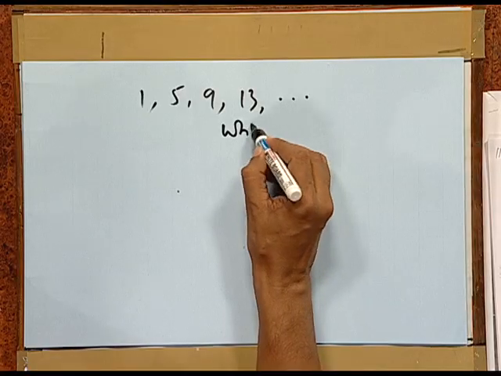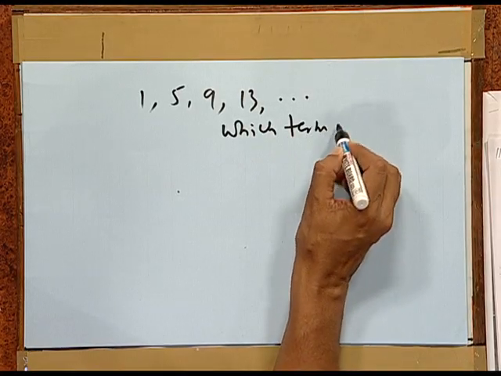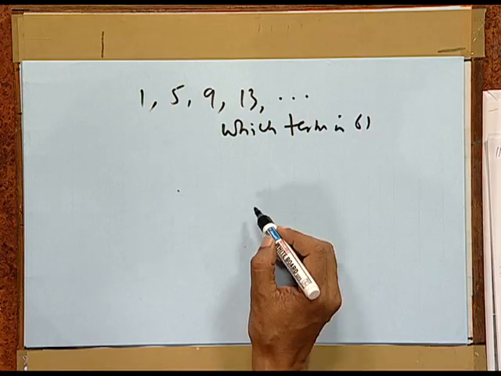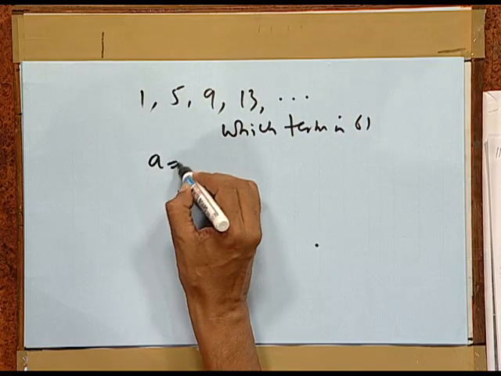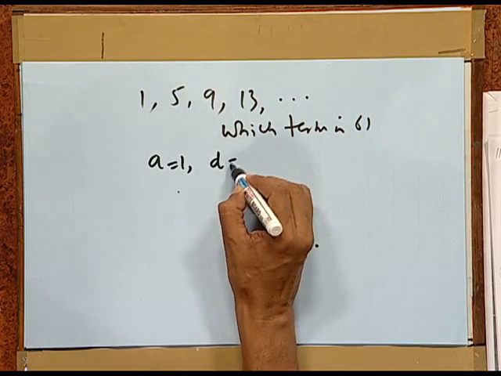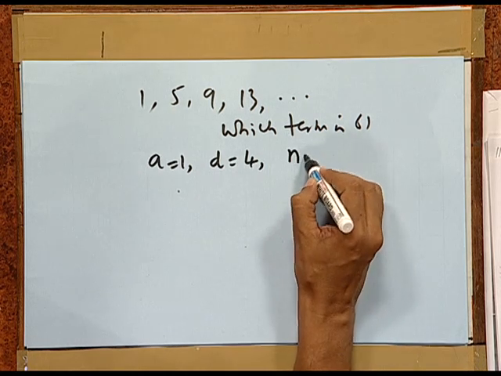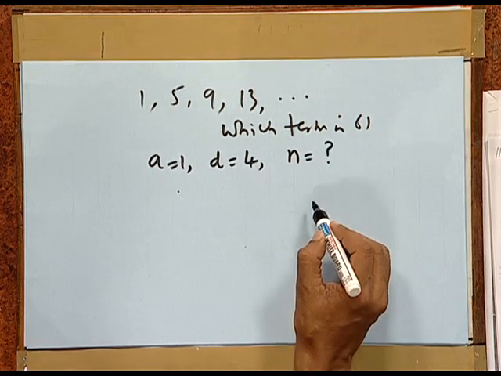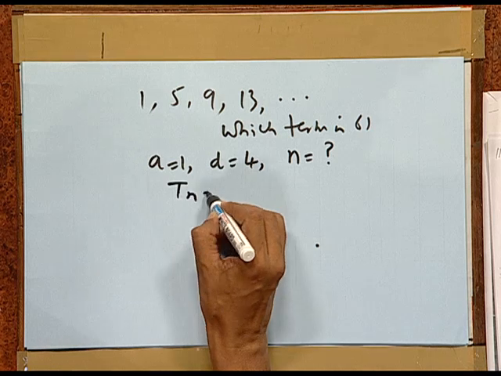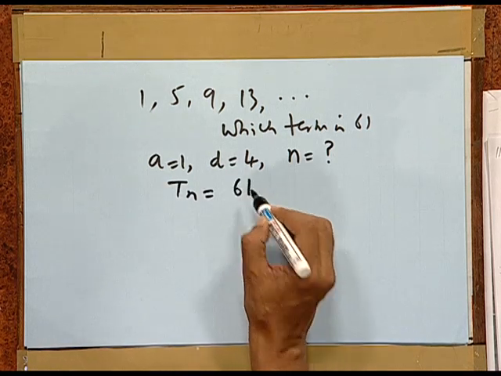Suppose we have to find which term is 61. Here A is 1, d is 4, n is not known to us, but Tn is given to be 61.